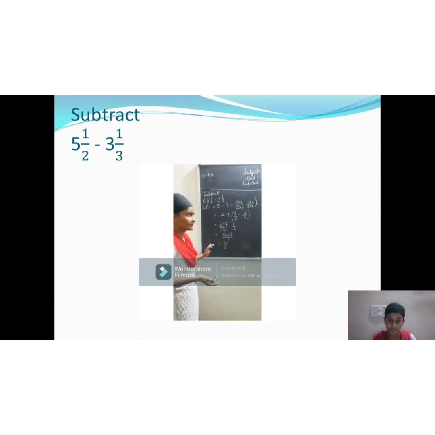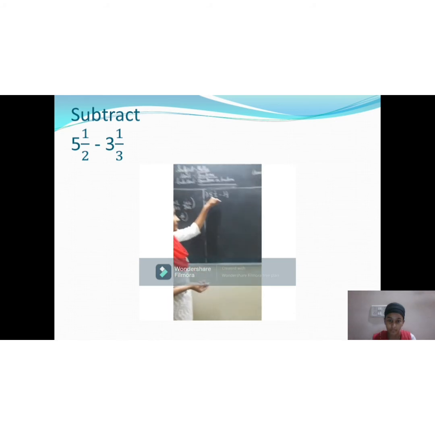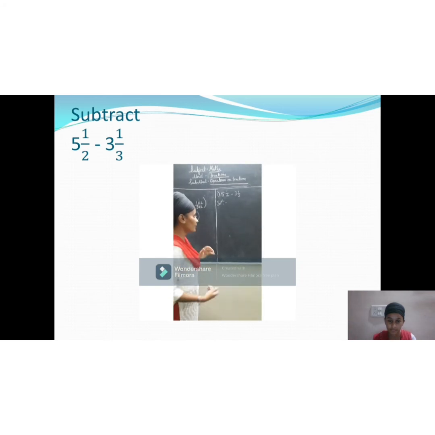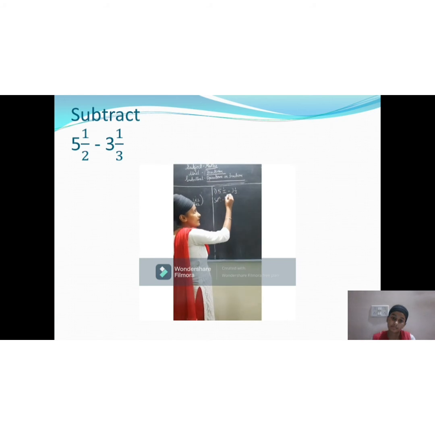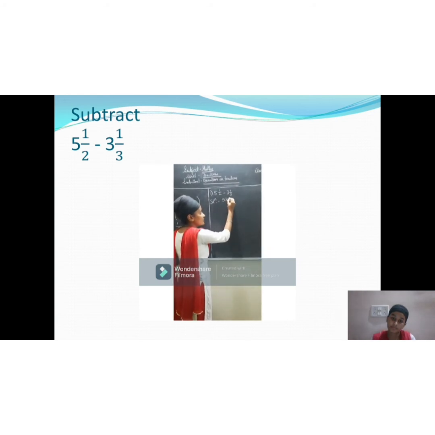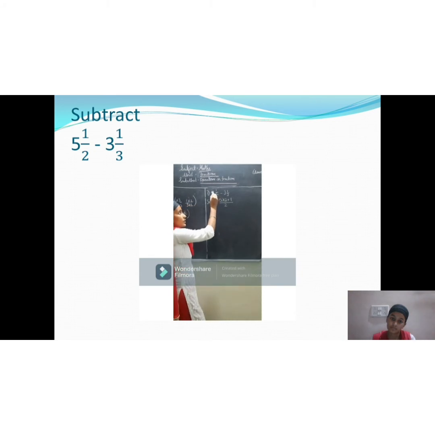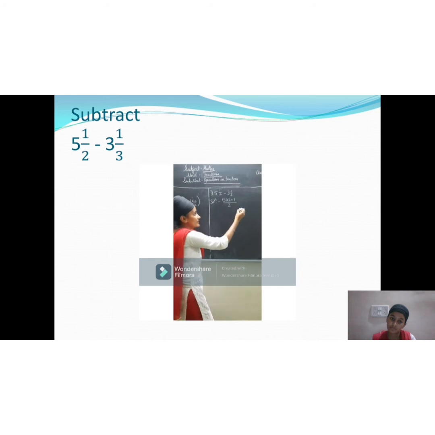Now let us see the other method. Now here, this is a mixed fraction. In the second method, you will convert it into an improper fraction. How will you convert it? We have seen the examples. 5 2s are, right? 5 into 2 plus 1 upon 2, means whole number into denominator plus the numerator upon the denominator.